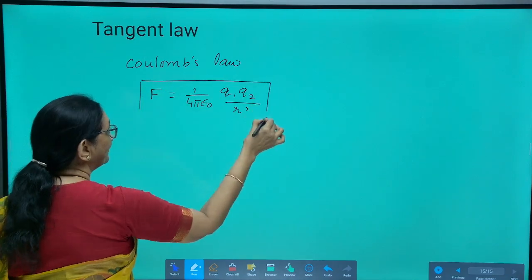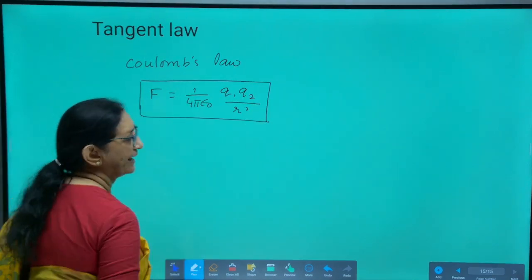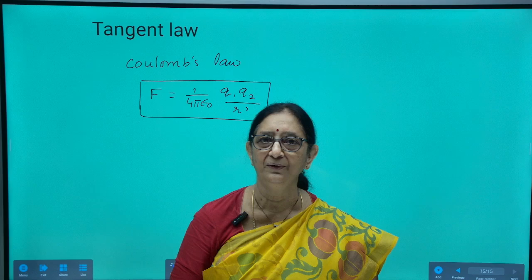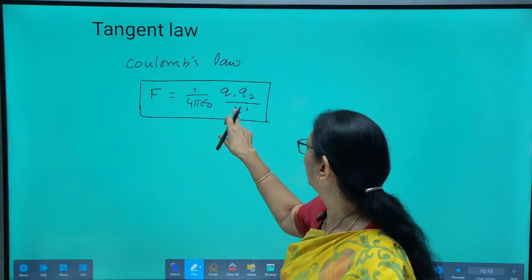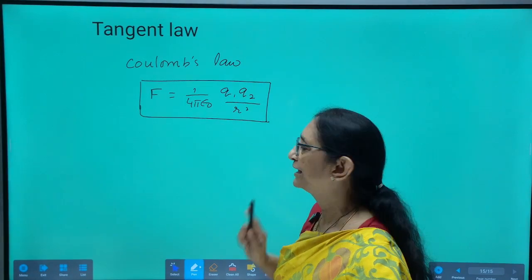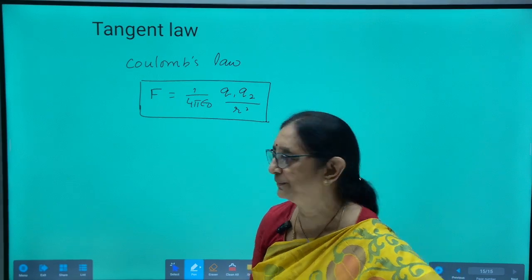From Coulomb's law, the force of attraction or repulsion between two charges q1 q2 separated by a distance r is given by 1 by 4 pi epsilon naught q1 q2 by r square.